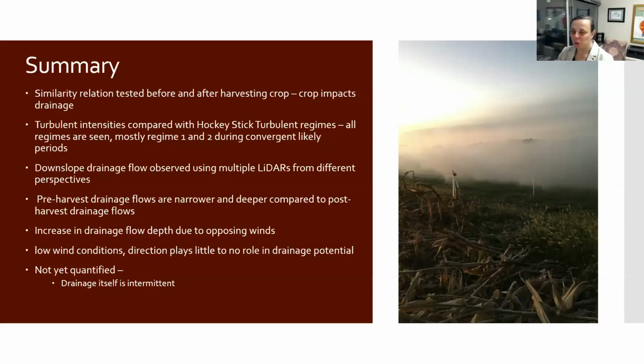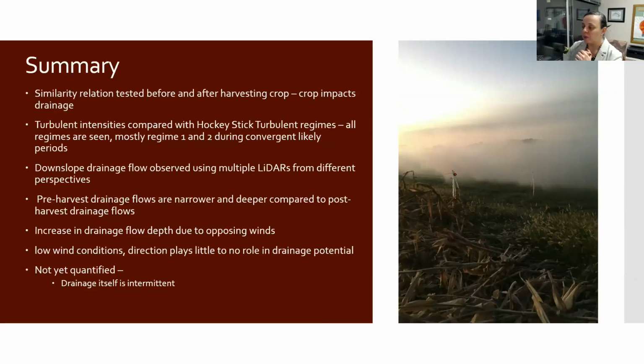Mostly we see regime 1 and 2 during the convergent likely periods. We can see downslope drainage flow with all 3 lidars. The pre-harvest flows are narrower and deeper. We see an increase in drainage flow depth when there are winds moving both down and up gully.